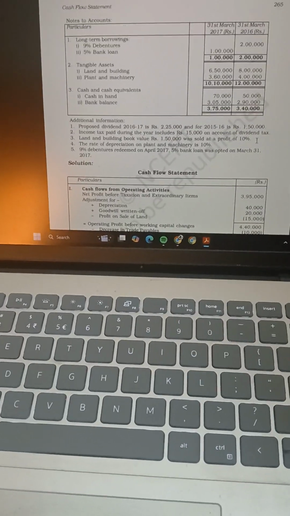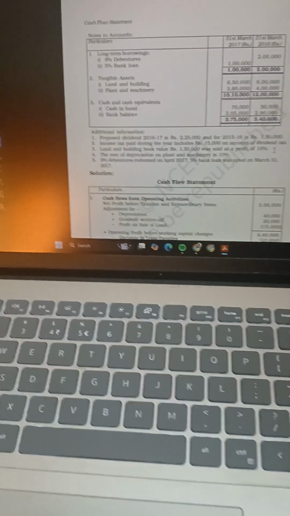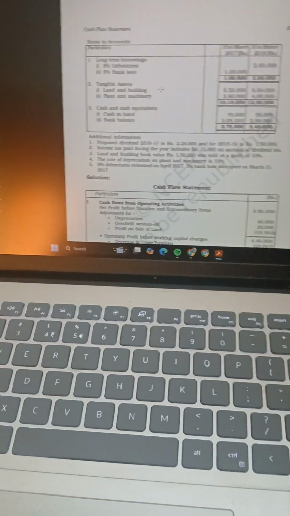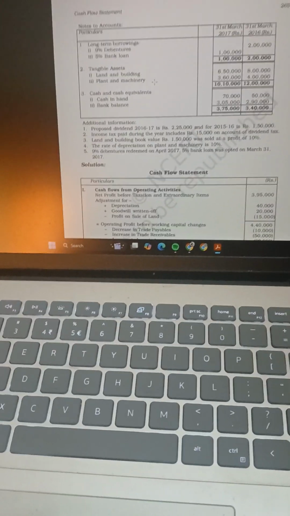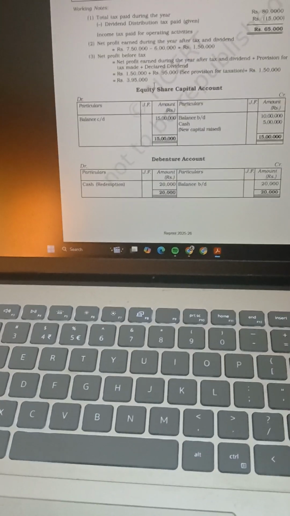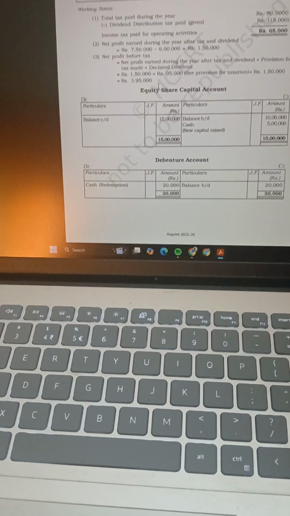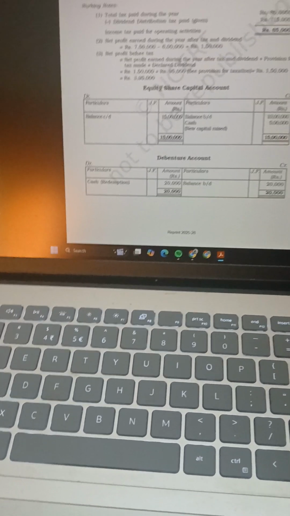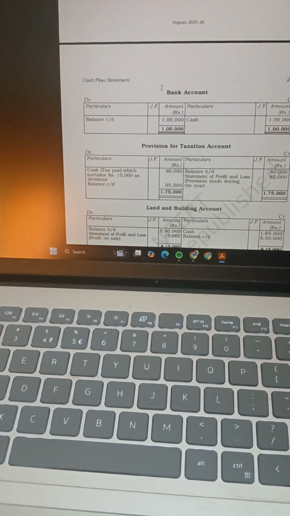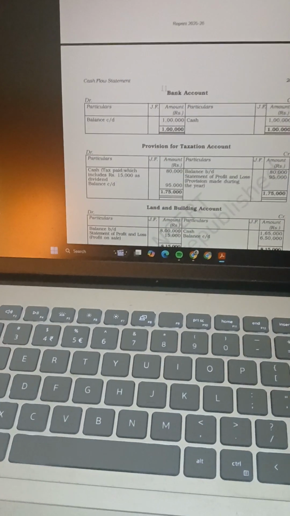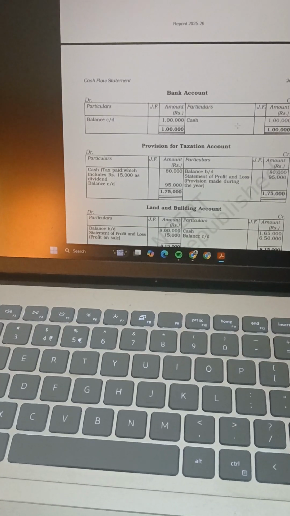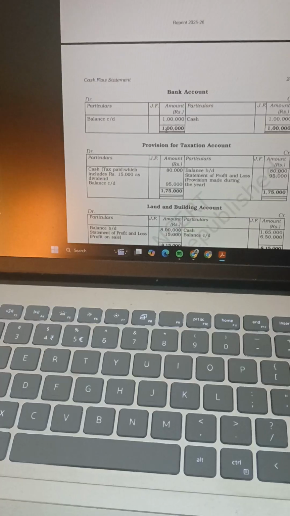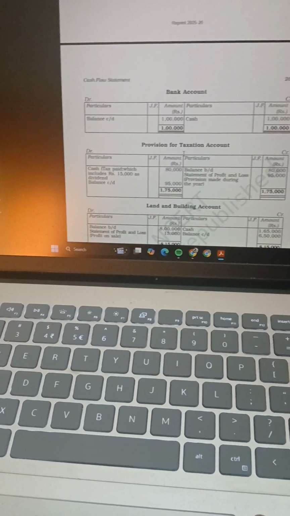Note, the bank balance is not to be taken, but only this amount, bank loan, is to be taken for preparing the bank account to be shown for preparing the cash flow statement. So that is 1 lakh. So it's written as cash 1 lakh and closing figure is also 1 lakh, nothing to be shown here.